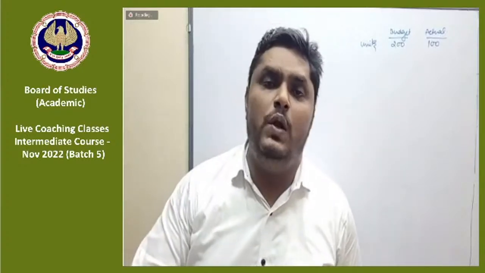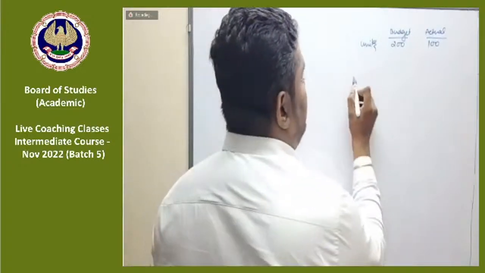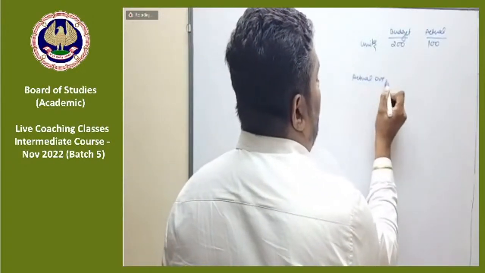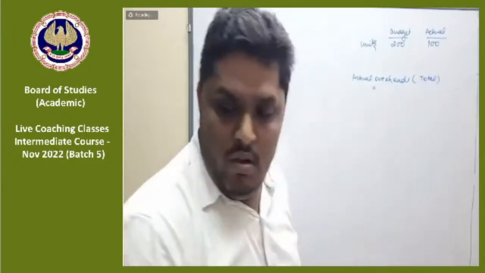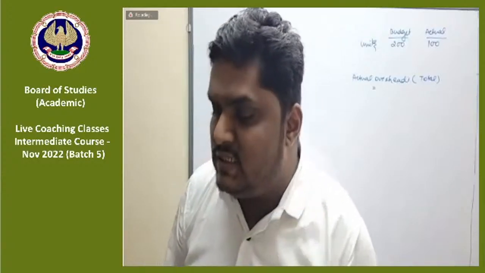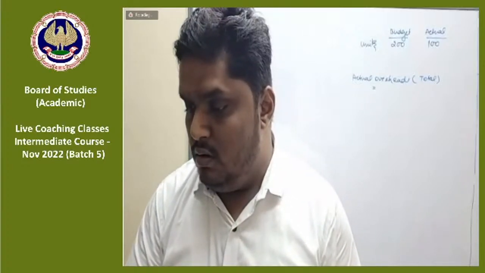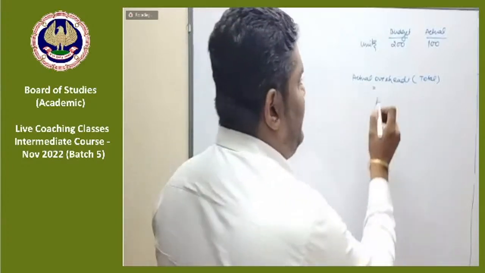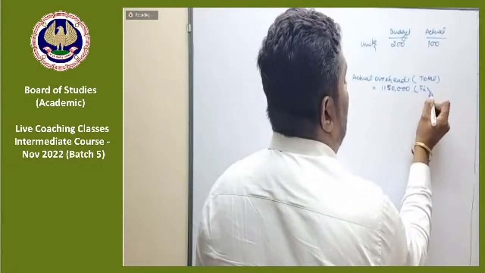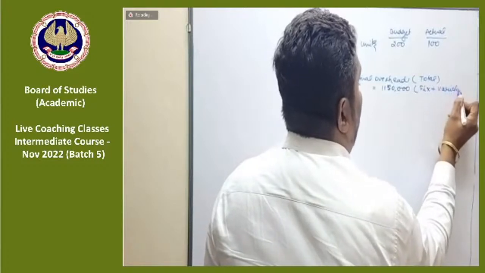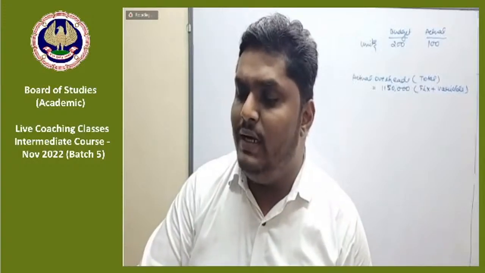When talking about the actual overhead, it is given aggregate, that is fixed plus variable. So the actual overheads are given. That is 4 lakh plus 2 lakh 6 plus 7, 8, 9, 10. 11 lakh 50,000. Now, the question is asking us to calculate the overhead volume variance.